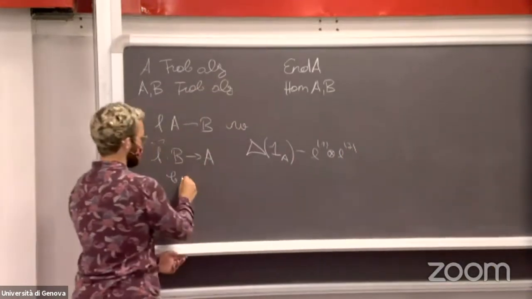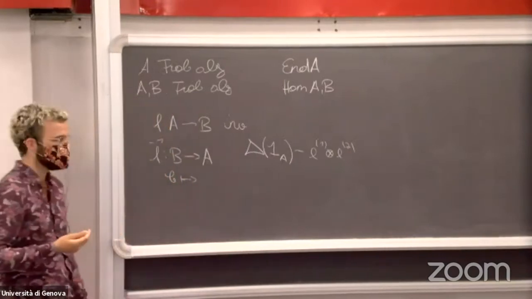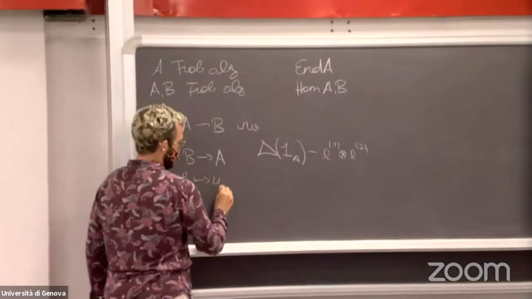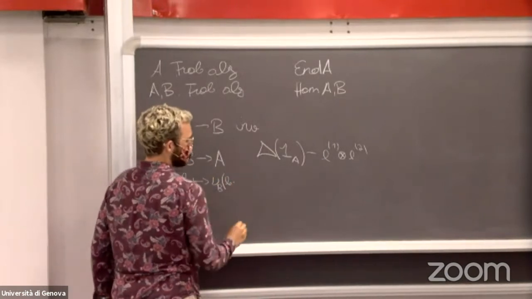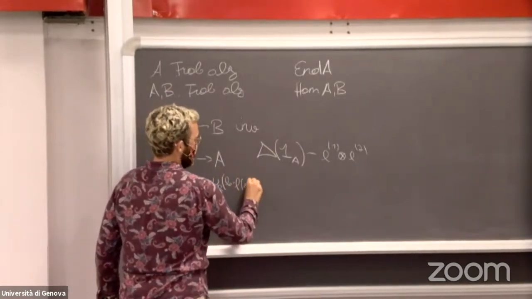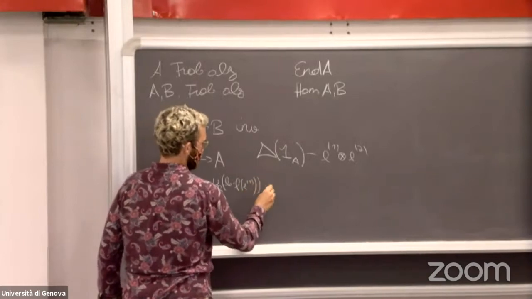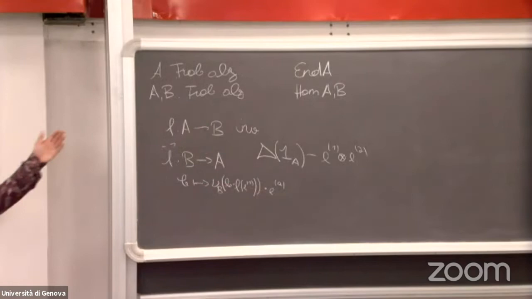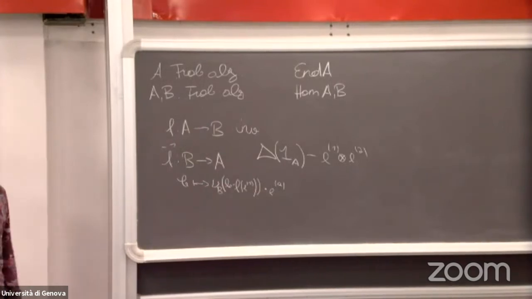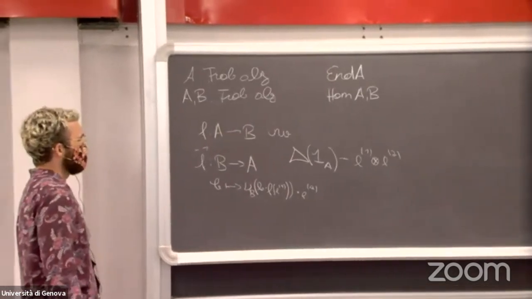Then I can explicitly write down what the inverse of this F is. So we take the co-unit in B of B times F of e1 and multiply this by e2. So if you've never seen that, just calculate it. It's an exercise you can easily do.